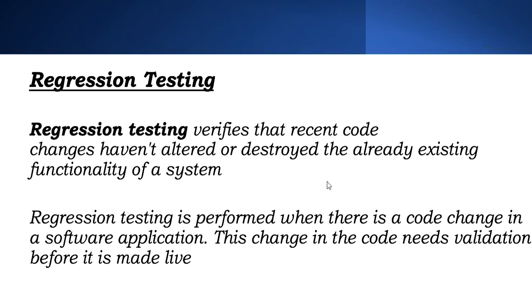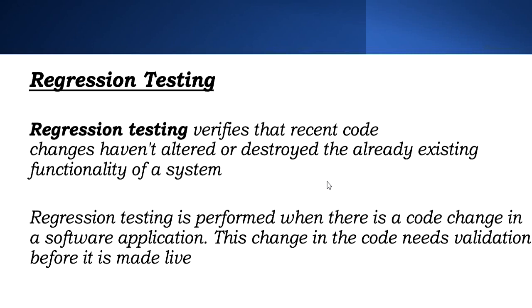Regression testing is performed when there is a code change in a software application. This change in code needs validation before it is made live. It is really important and given a lot of preference, because before it goes to production we make sure that the existing functionality is working perfectly.